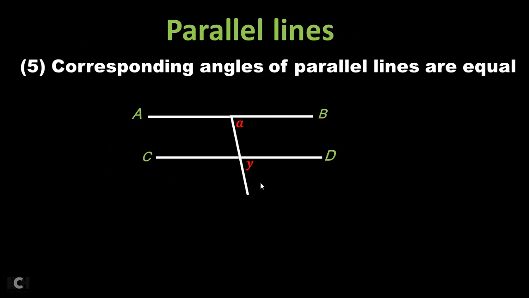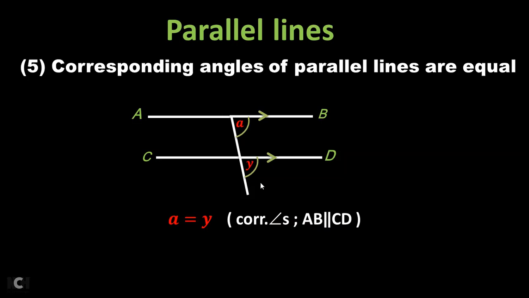For example, angle A right there is not equal to angle Y. But suppose I have line AB which is parallel to line CD, now by this, angle A will be equal to angle Y. What is the reason for this? Having corresponding angles.